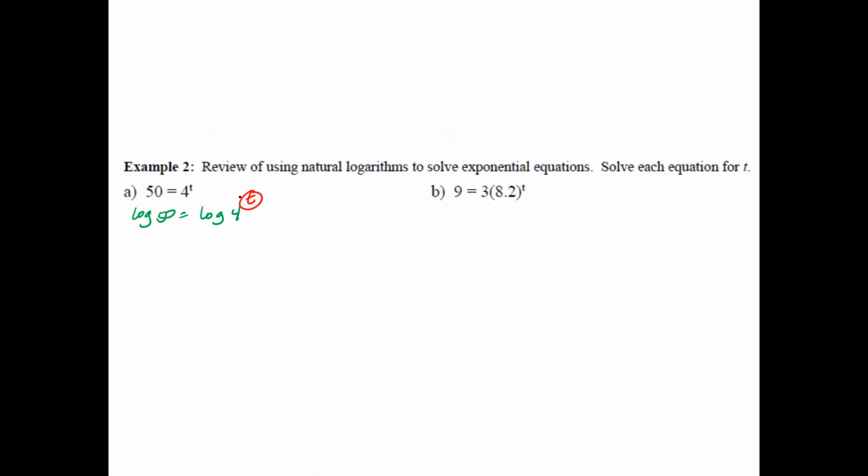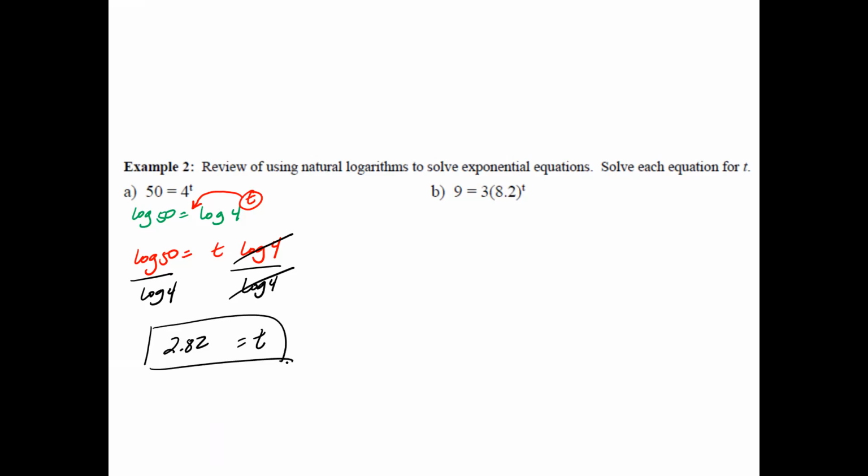And so if you put a log, you can move that t to the front. So you have log 50 equals t log 4. Well, to get rid of the log 4, you just have to divide it by log 4. So cross out, cancel. Now with your calculator, what is log 50 divided by log 4? Make sure you know where the buttons are. It should give you a 2.82.